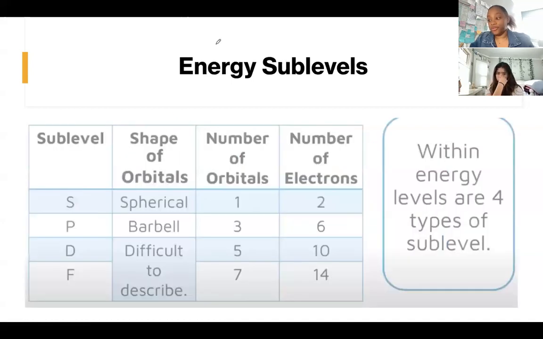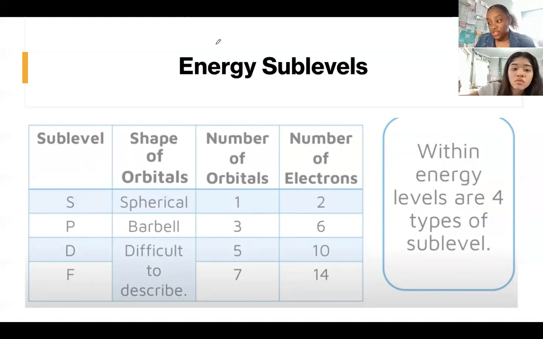All right. So within those energy levels, you have sublevels, and those are what we've been saying, SPDF. And these sublevels are where the orbitals are located. Within these sublevels, you have those orbitals, and those orbitals are where the electrons live.